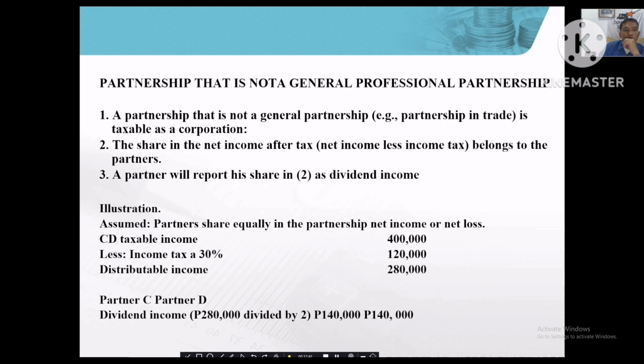So magiging distributable income nilang dalawa is 280,000. Okay? 400,000 less 120,000 is 280,000. So ngayon, sabi ito sa pangatlo, a partner will report his share as dividend income. Okay, so si partner C and partner D, ito yung dividend income nila, 280,000 divided by 2. Okay, so magiging 140,000 ang magiging parte ni partner C at partner D.